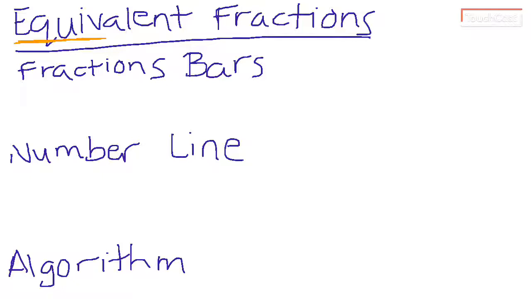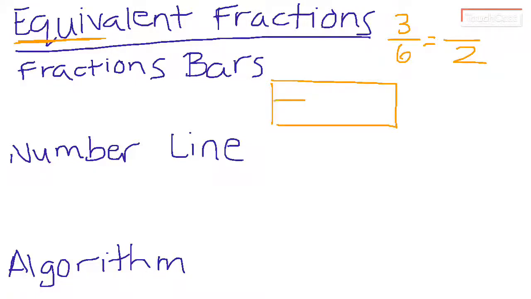So if we are trying to find equivalent fractions and we want to know if 3/6 is equivalent to how many halves, right? So if we were to use our fraction bar method, you're going to do 2 fraction bars. So we have our 6. I'm going to do this quickly because most of you already know how to do this. You're going to color in 3, 1, 2, 3.